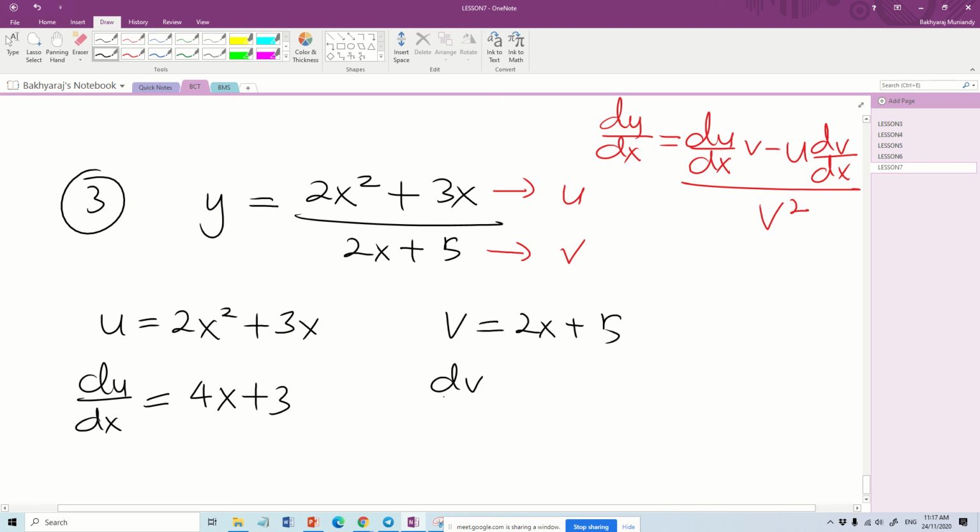So meaning that dv dx is equal to 2. Correct. So kita dapat silang dia.